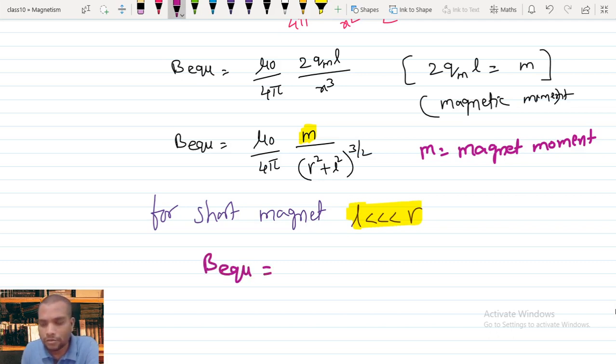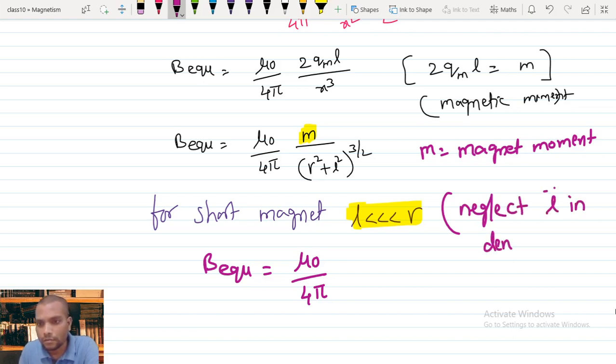Magnetic field due to equatorial equals mu naught upon 4 pi times... If we neglect L in the denominator, therefore mu naught upon 4 pi times M upon (R square) whole power 3 by 2.